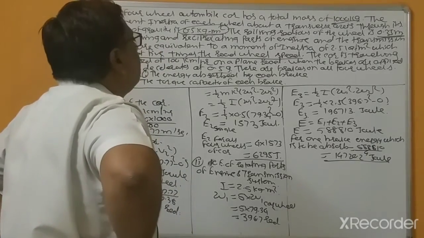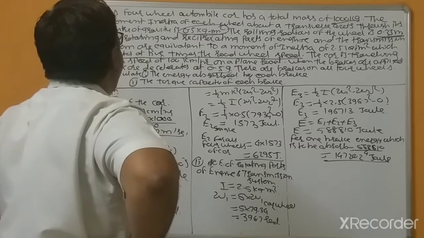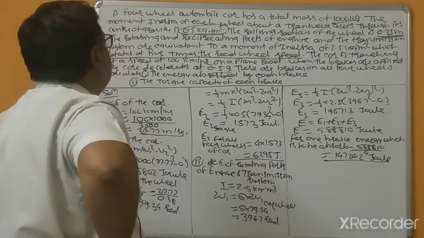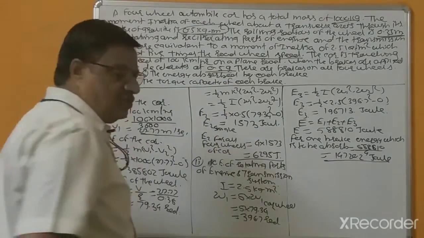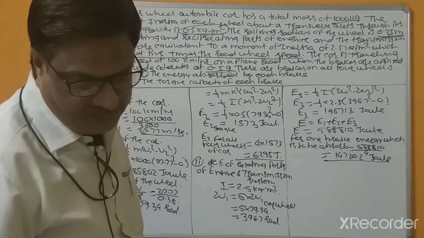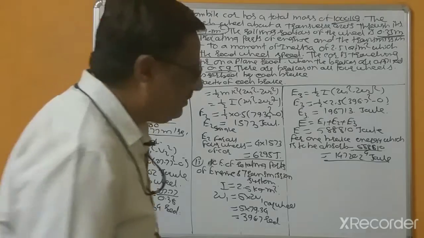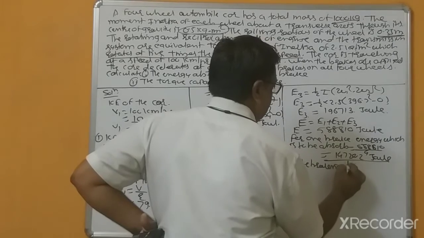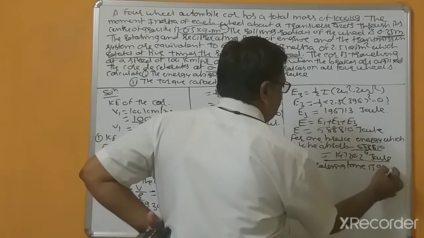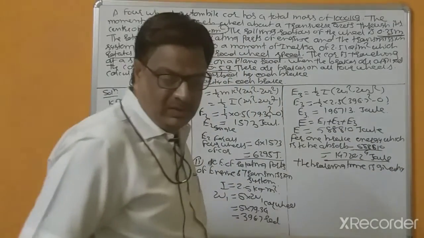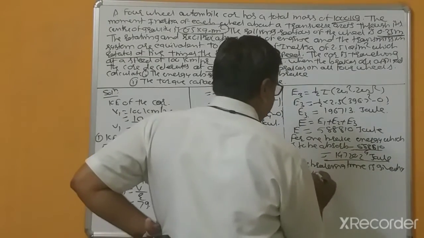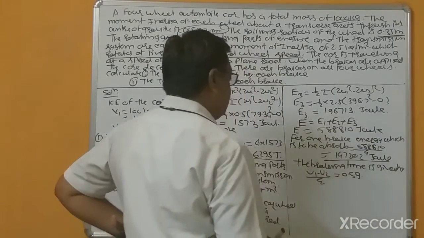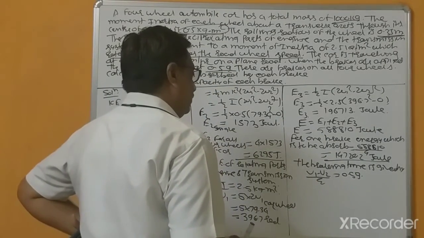Now next, this is given, deceleration 0.55. The braking time is given by V1 divided by R equal to 0.5 gravitational force.